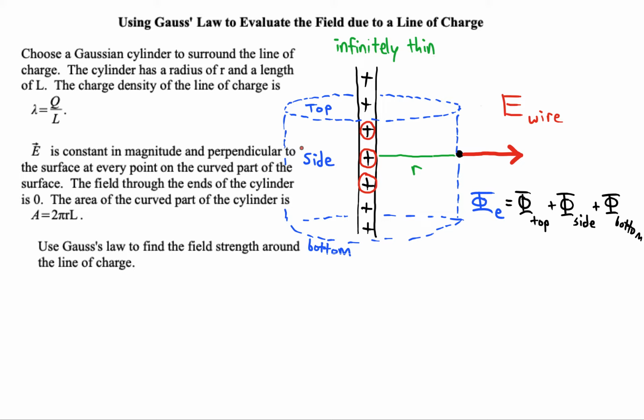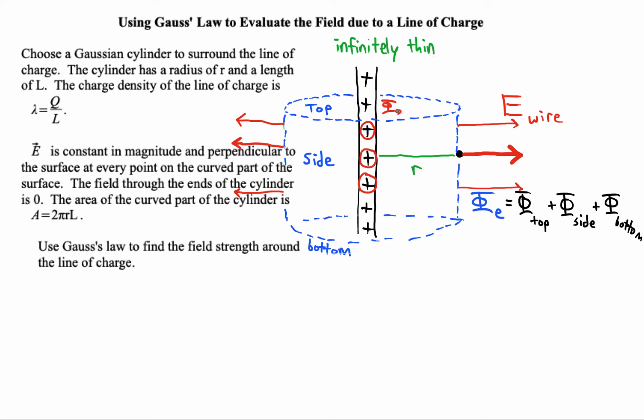Notice that we reasoned that the field will point directly outward from the sides. And by the symmetry of the situation, this will be true at all points. Since the field isn't pointing up or down, we don't expect any flux to come out the top of this cylinder.